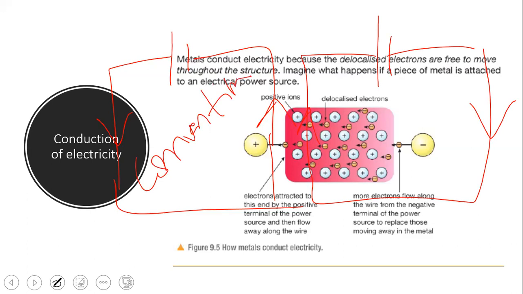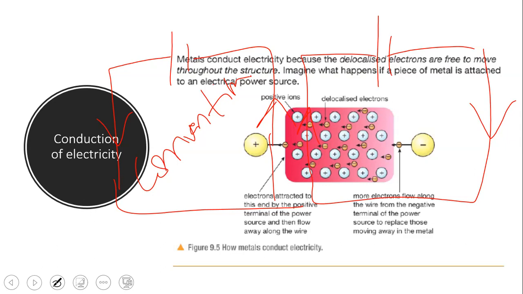Even though we now know that it's not positive ions, it is the electrons that are flowing. Since this had already become a standard, the scientists stuck with it. So whenever you're talking about conventional current, we always draw it as positive to negative. In your past papers, there are literally questions where they say, draw the direction of conventional current, draw the direction of electron movement. They literally differentiate it.